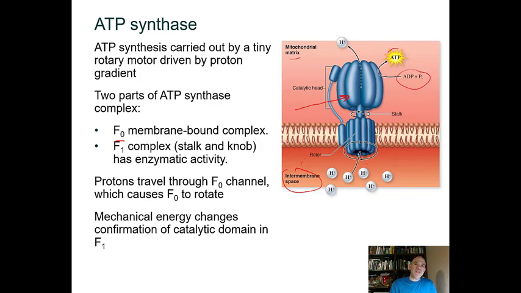And so this phosphorylation, where we're putting that inorganic phosphate onto the ADP to make ATP, is called oxidative phosphorylation. It's different than the ATPs that were generated during glycolysis and during Krebs cycle. That was substrate level phosphorylation.